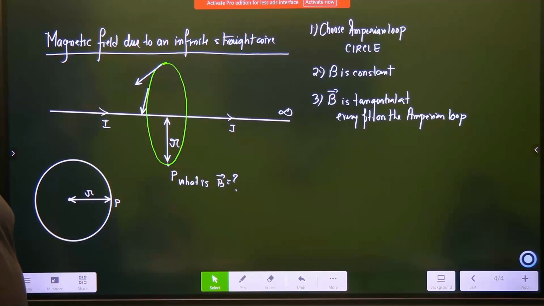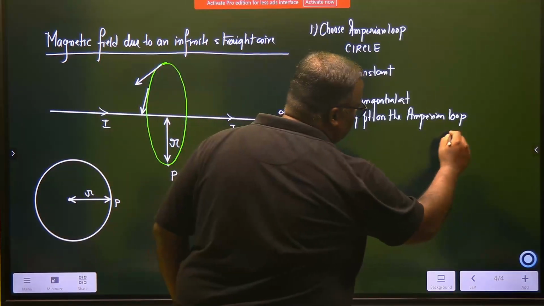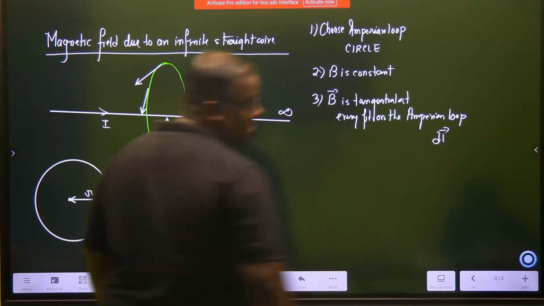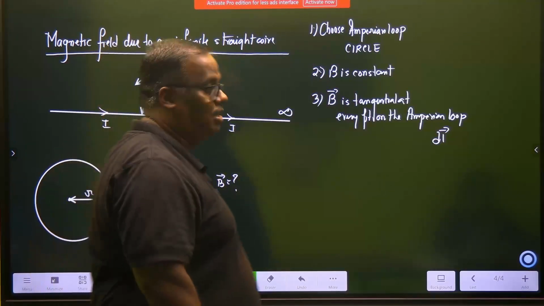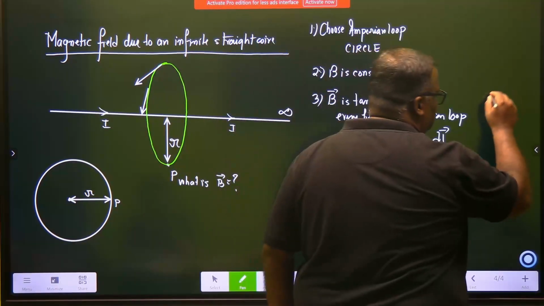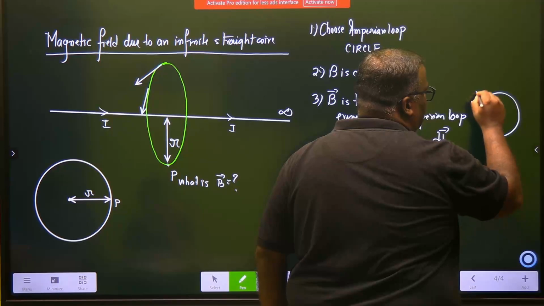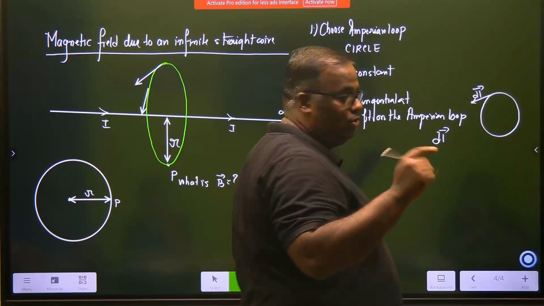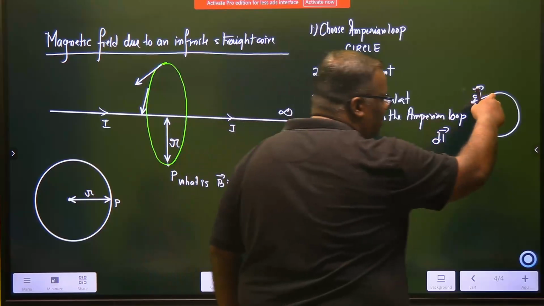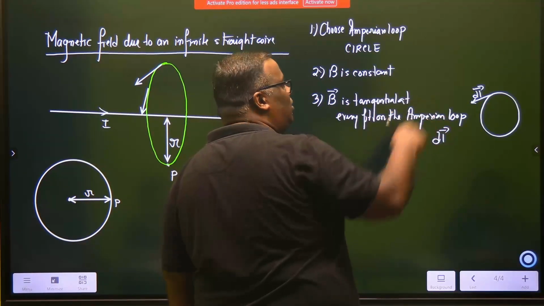Right? Amperian loop gives you small elements which are known as dL elements. Let's try and understand. Let's say this is my Amperian loop. At this point, I can have a dL vector. If you understand this, everything will be clear. Amperian loop will have a dL vector and B is tangential at every point on the Amperian loop.